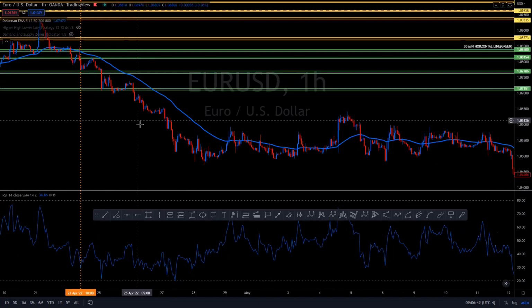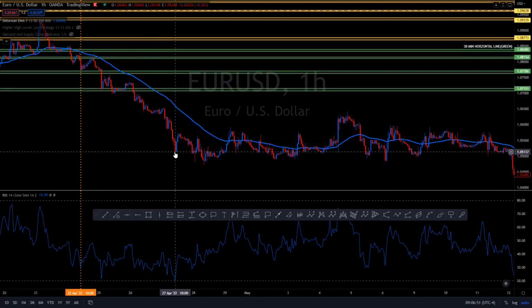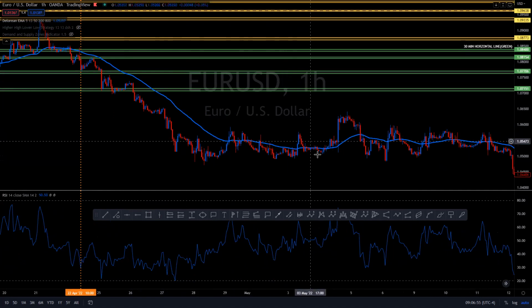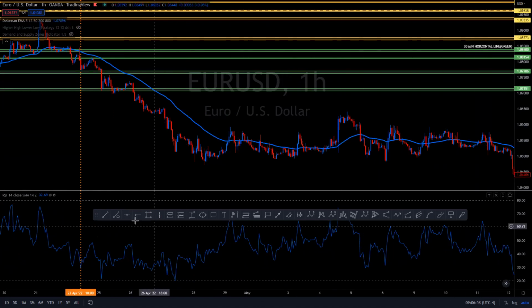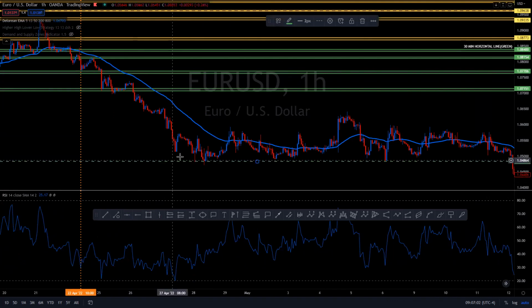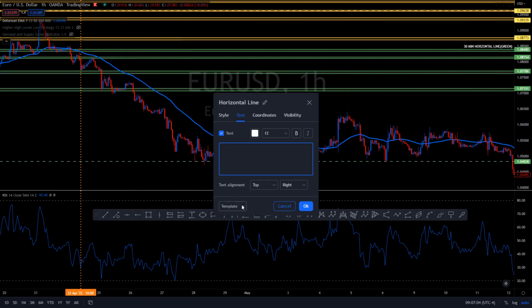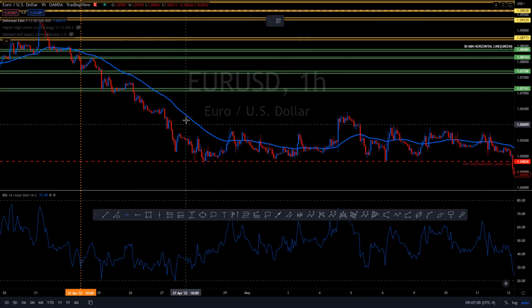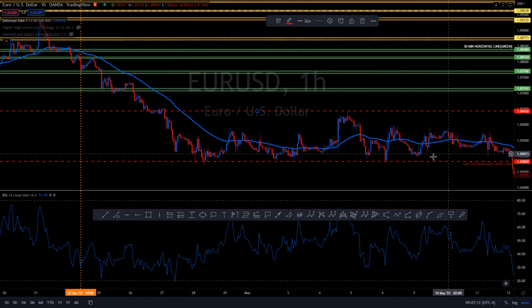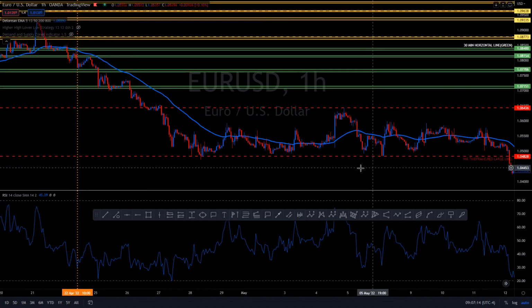So when we analyze price, we went down to a valid demand zone here, kind of pushed price up a little bit, but you can see that the buyers and sellers are going back and forth. So what that means is that there was a valid demand zone here. We change that to red. And there was a valid supply zone up in this area. So that caused price to zigzag back and forth, so to speak.